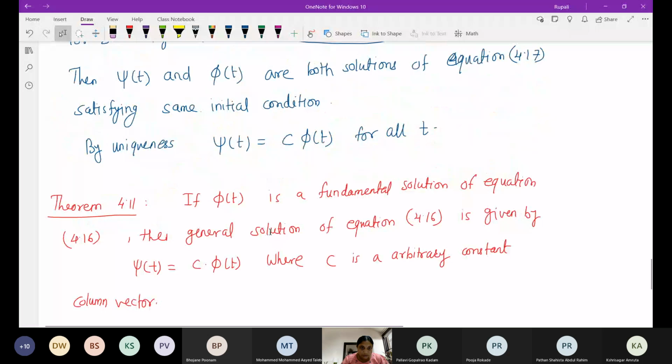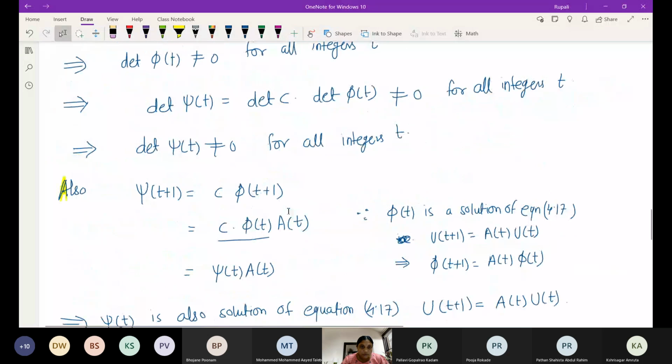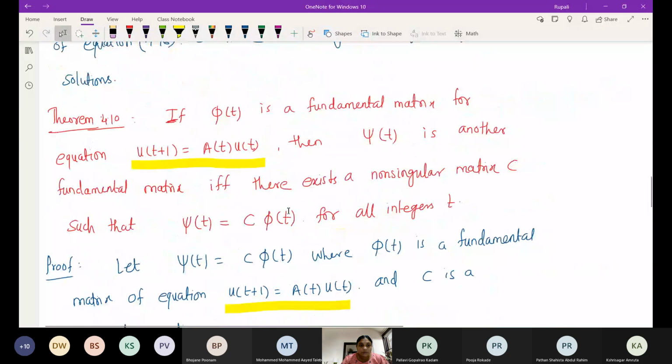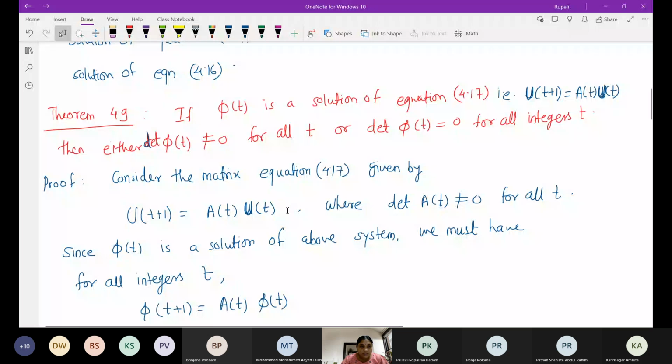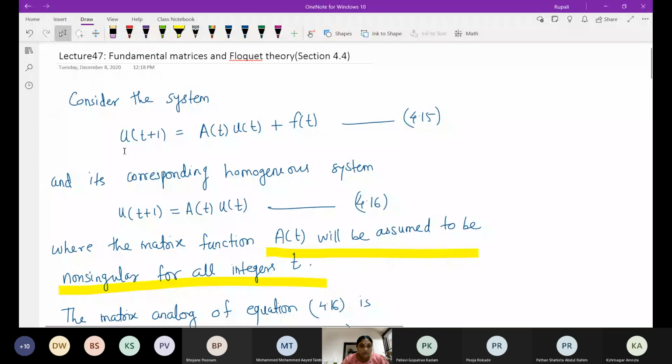This is for homogeneous now, whatever we have seen for homogeneous. Tomorrow we will see the variation formula for this 4.15 non-homogeneous. What is the solution for the 4.15 non-homogeneous system? So we will stop here.